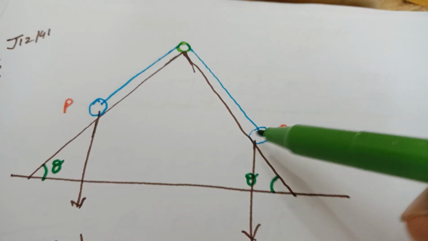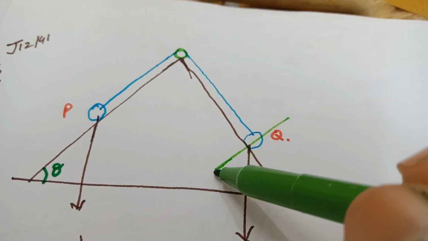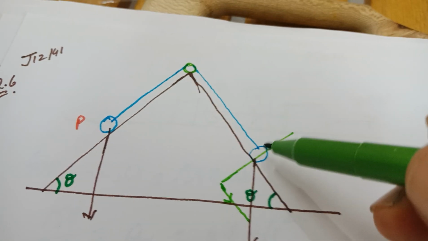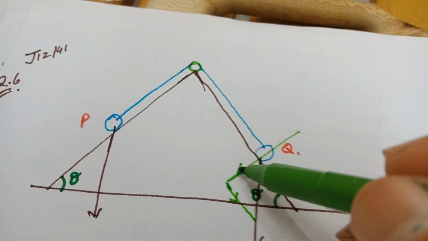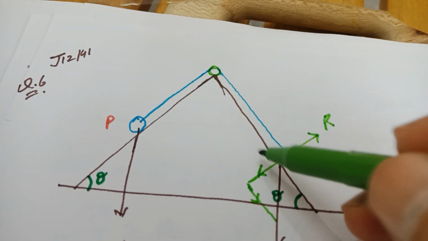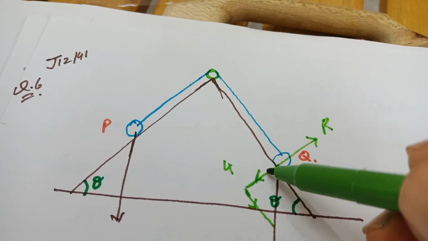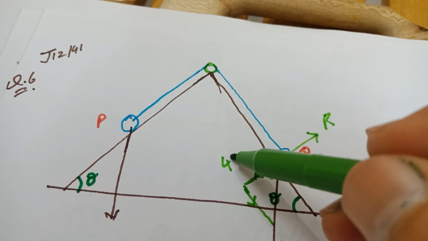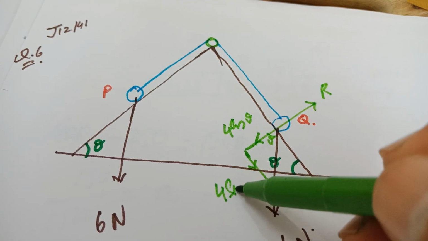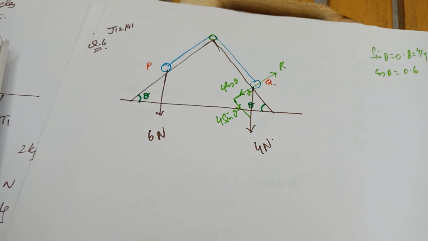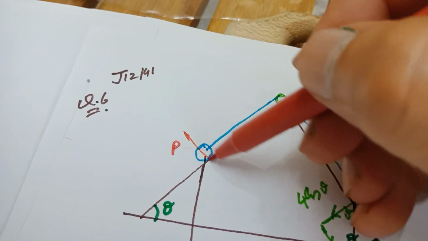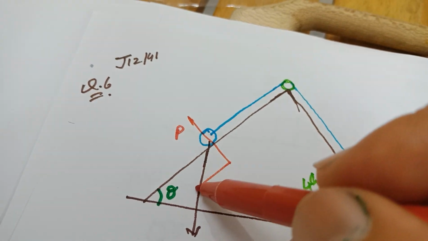So I'll be resolving this way. Now in this question it is given that these sloping surfaces are both smooth, so there is no need to know this R. I'm just going to show this. So this is 4, this is theta over here, this is 4 cos theta, and this one is going to be 4 sine theta. And for this P, I should be resolving it like this.